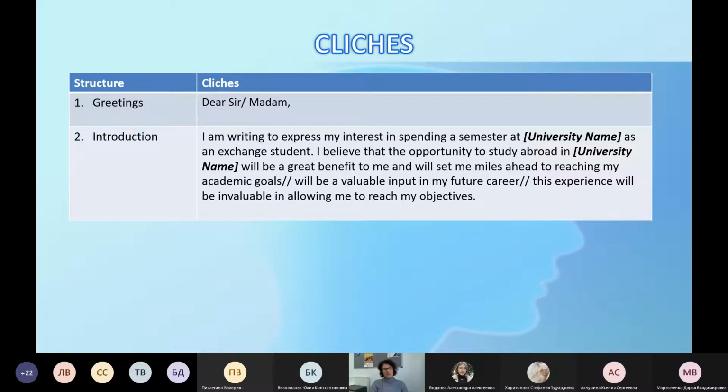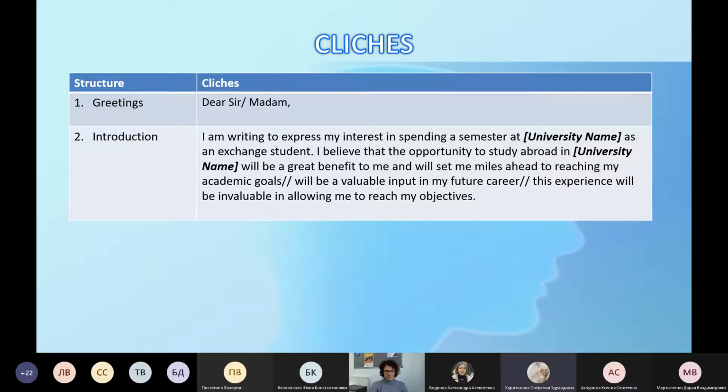And I'm writing to express my interest." That's also a possibility. Okay, any questions about it? You will have that in recording, so you will be able to stop and look at it anymore. So do you have any questions about it?